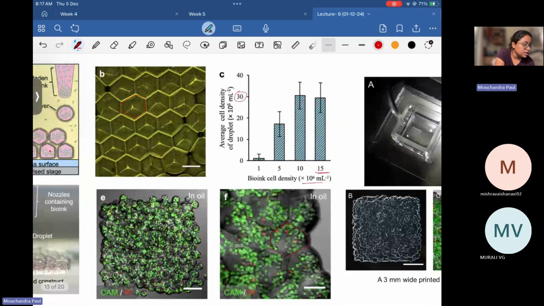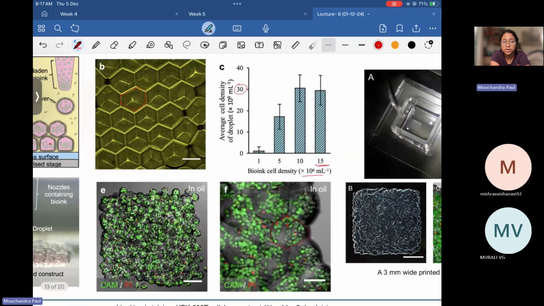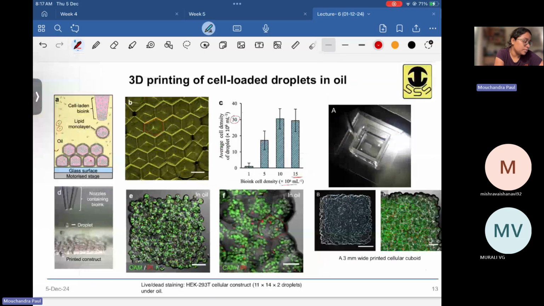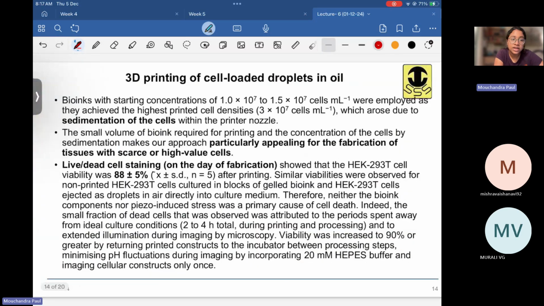They basically calculated it by manually counting the cells within the structure. They are saying that there are around 1 to 38 cells per droplet. Okay. And depending on the volume of the structure, they have come to this number. And they attribute this to the fact that the cells can sediment at the printer nozzle.